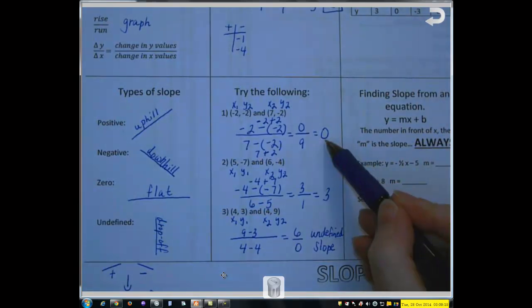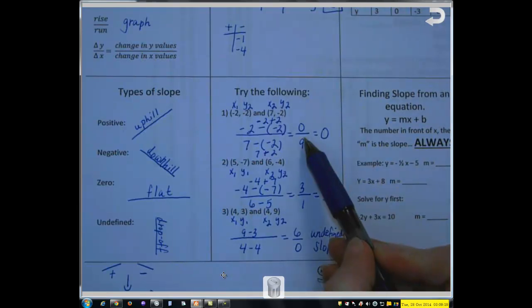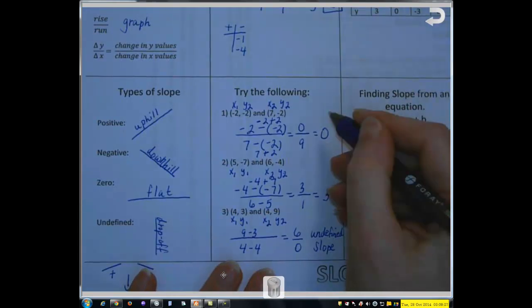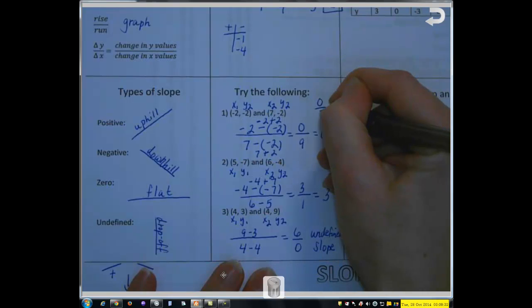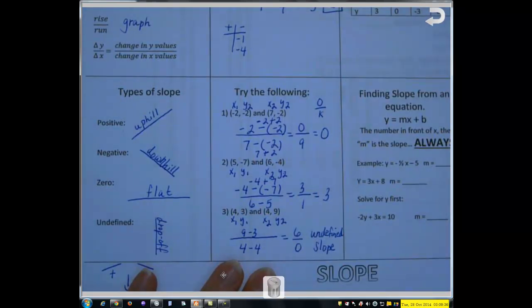All right, so let's look back at the zero slope and the undefined slope. Notice where the zero is when we have the zero slope. The zero is on top of the fraction. To help you remember that, I'm going to say that a zero on top of the fraction is okay. It's okay to have a zero on top of the fraction.